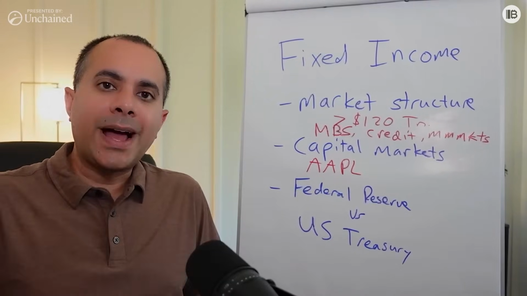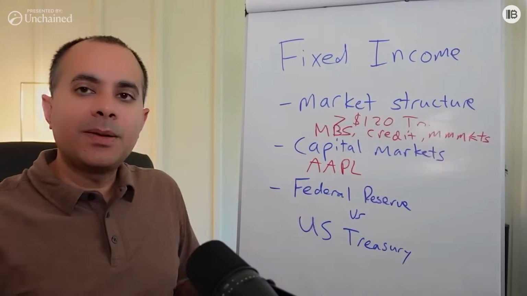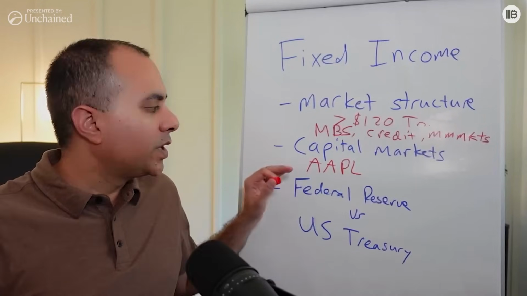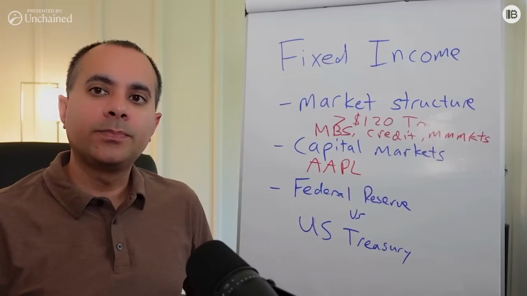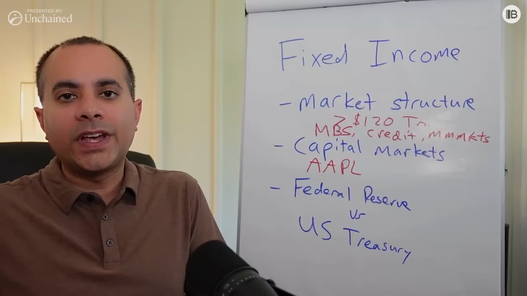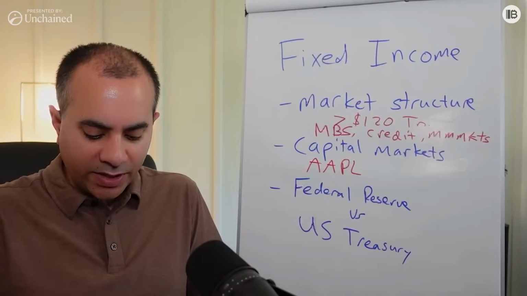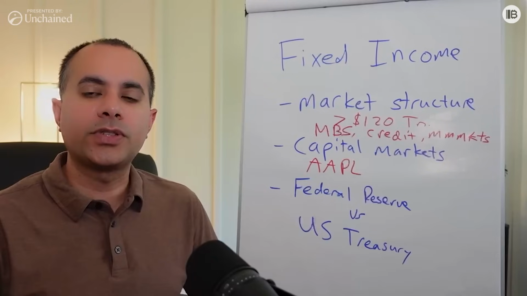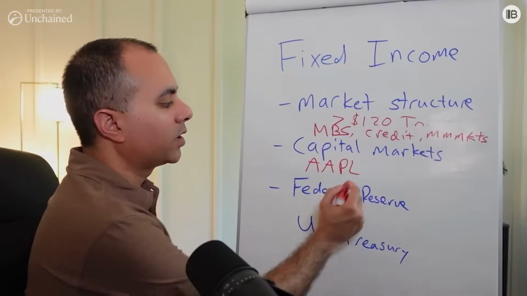So we're going to buy Apple stock. We look up AAPL in our brokerage account, and that's how we know we are buying Apple stock. Well, what about fixed income? How does it work in fixed income? Do you look up US Treasury and go buy a US Treasury security? It doesn't quite work like that.